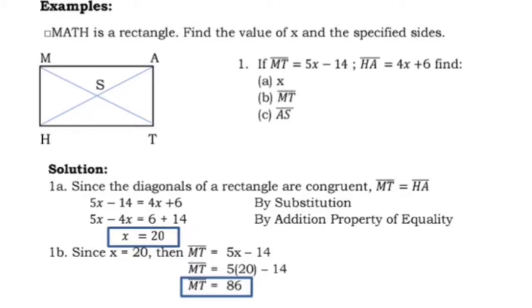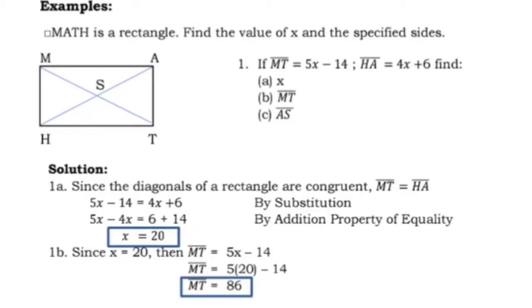Number 1, if diagonal MT is equal to 5x minus 14, and line segment HA is equal to 4x plus 6, find A, x, B, line segment MT, and C, line segment AS.